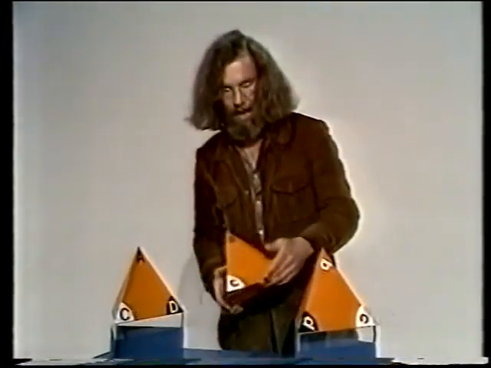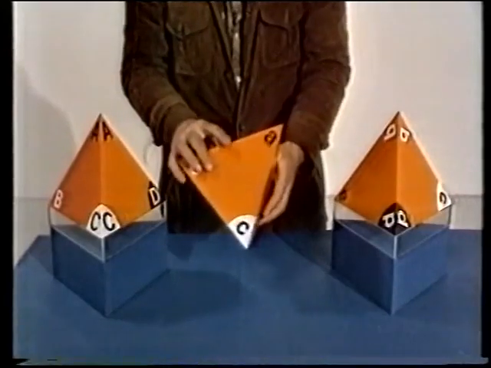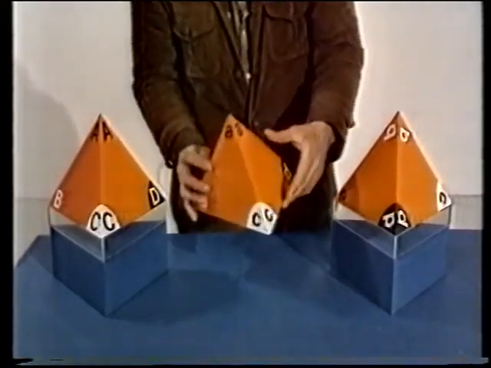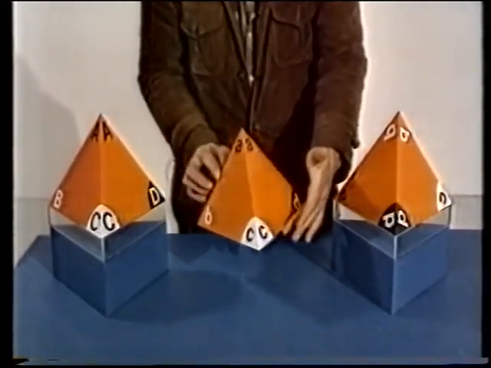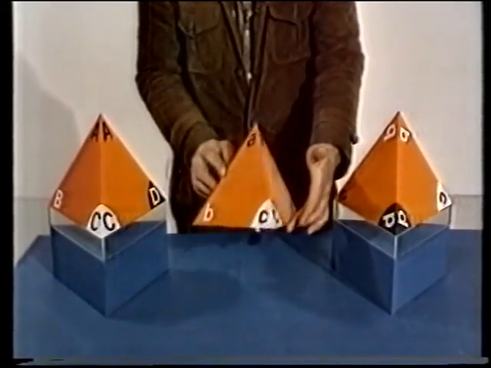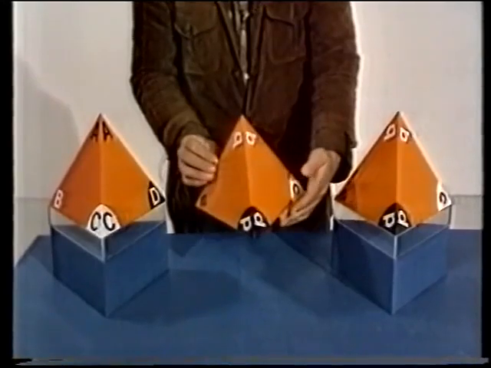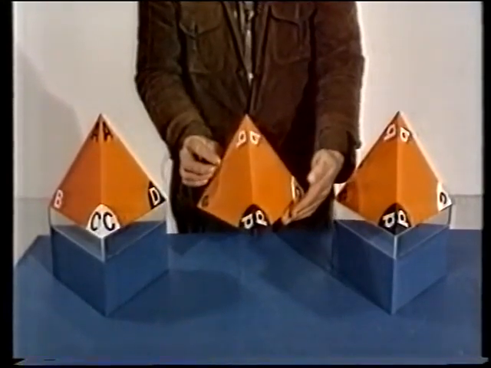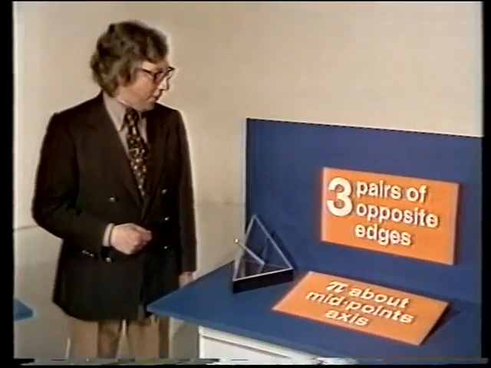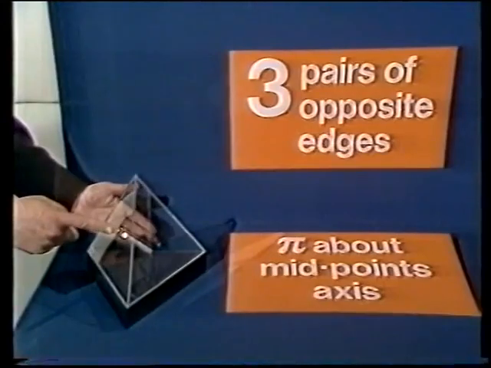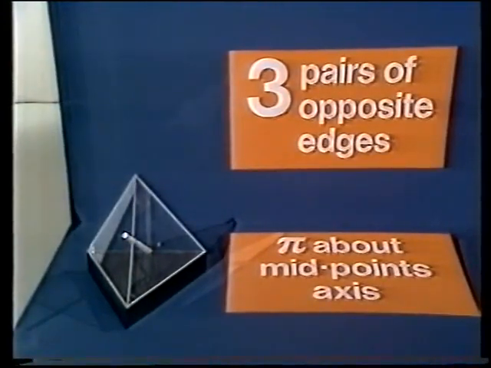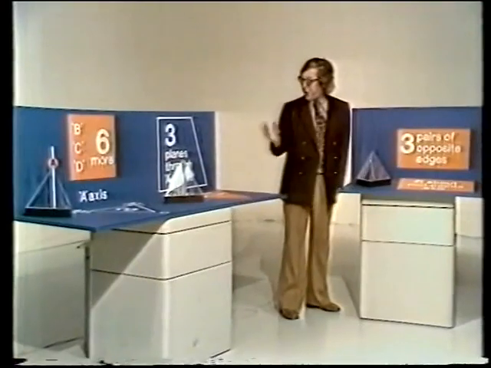I choose the axis of rotation to pass through the midpoints of the edges AB and CD. So, put this in the standard position, and then rotate through a half turn, or pi, and I achieve exactly what I wanted. And there are 3 of those because there are just 3 pairs of opposite edges. Well, 3 and 15, that makes 18, so there are just 6 to go.